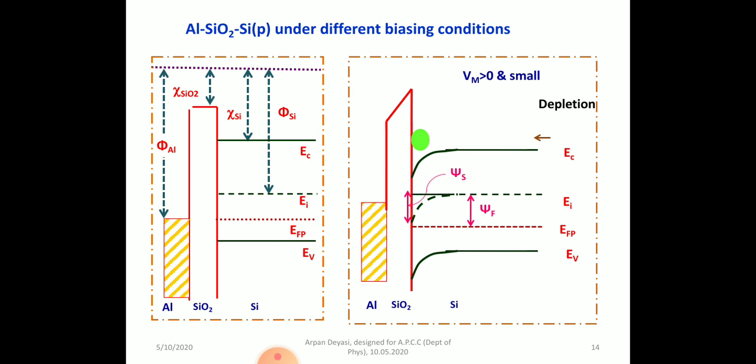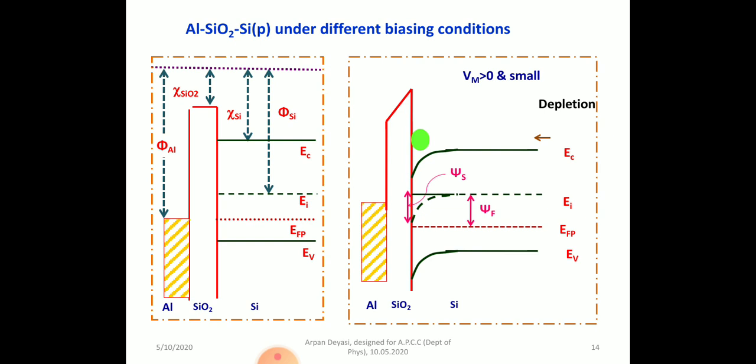In that case, I am showing another point. The difference of intrinsic and extrinsic Fermi level is called Fermi potential, that is psi f, and the bending of the band, that means bending of the intrinsic Fermi level with respect to the reference line, is called surface potential. Now, if you recall the measurement of surface potential for both accumulation and depletion condition, you will find that both are small compared to the Fermi potential.